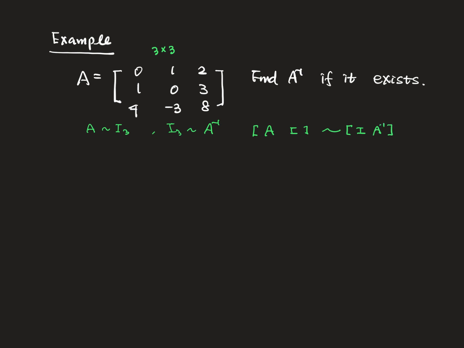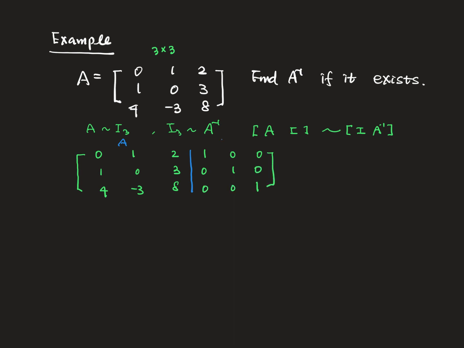Okay, let's just start with the augmented matrix. The left side is 0, 1, 2, 1, 0, 3, 4, negative 3, 8. That's matrix A, right? The identity matrix is 1, 0, 0, 0, 1, 0, 0, 0, 1.